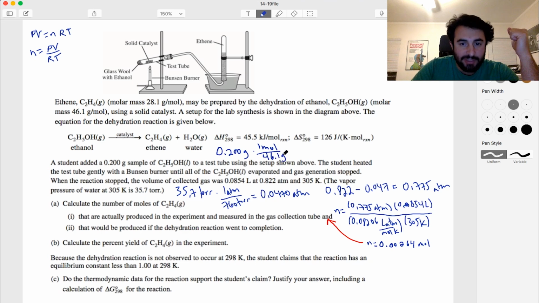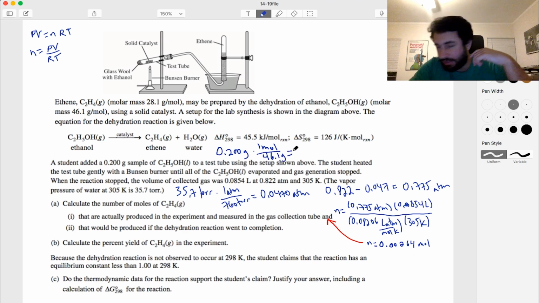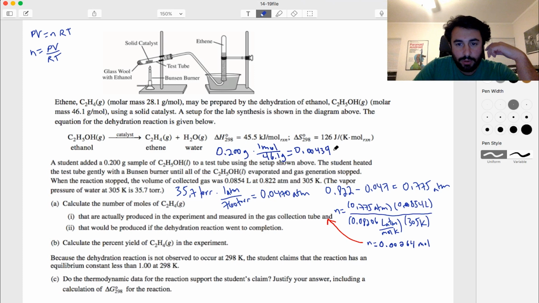We want to put grams on the bottom because we want it to cancel. And that is going to give us 0.00434 moles. So this is part two right there.